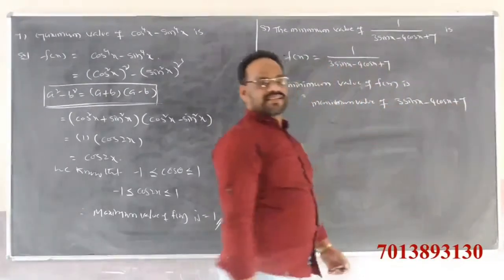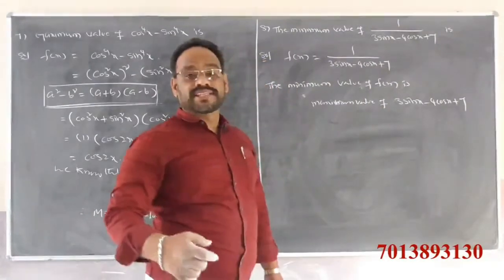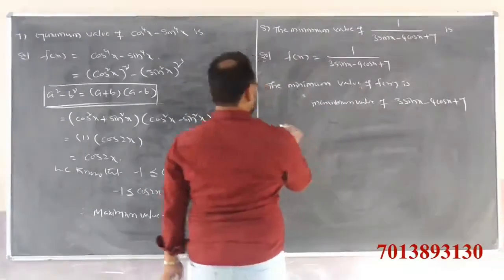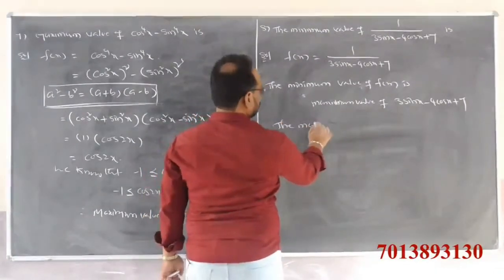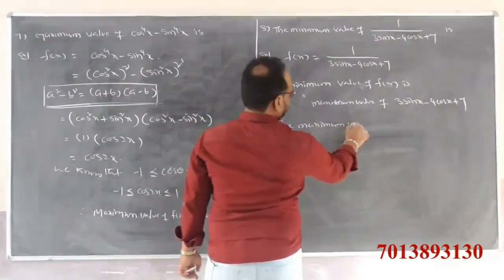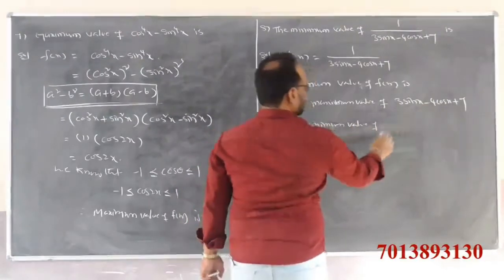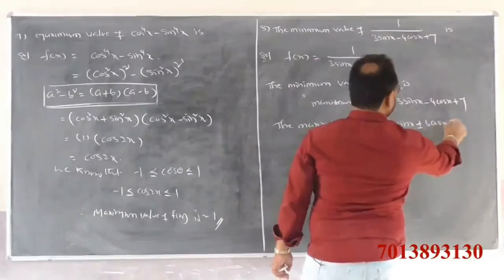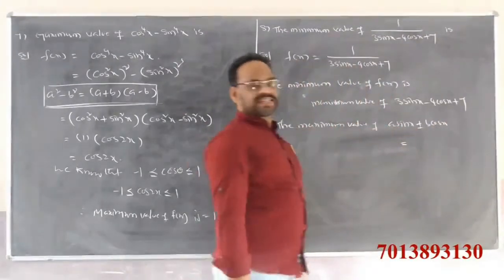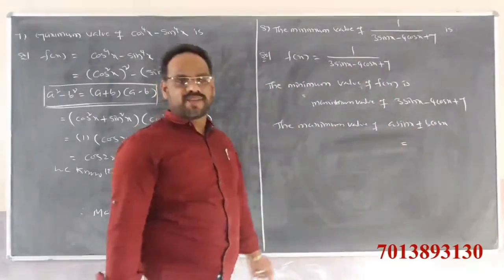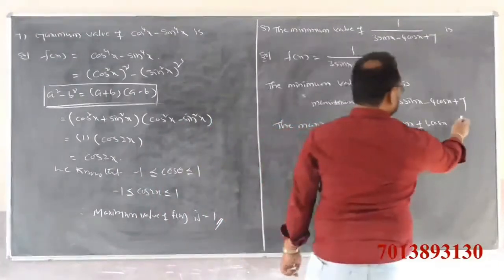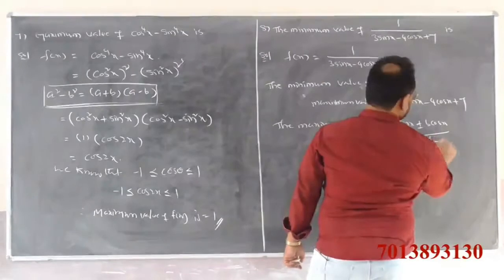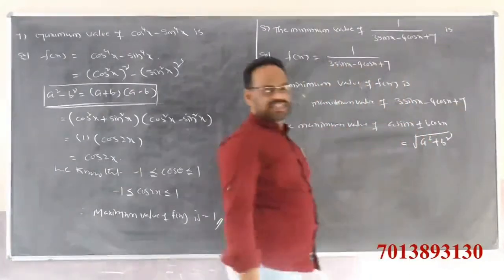We want the maximum value of 3 sin x minus 4 cos x plus 7. Already we know the maximum value of a sin x plus or minus b cos x. Here the c term is not there, so the maximum is square root of a square plus b square.